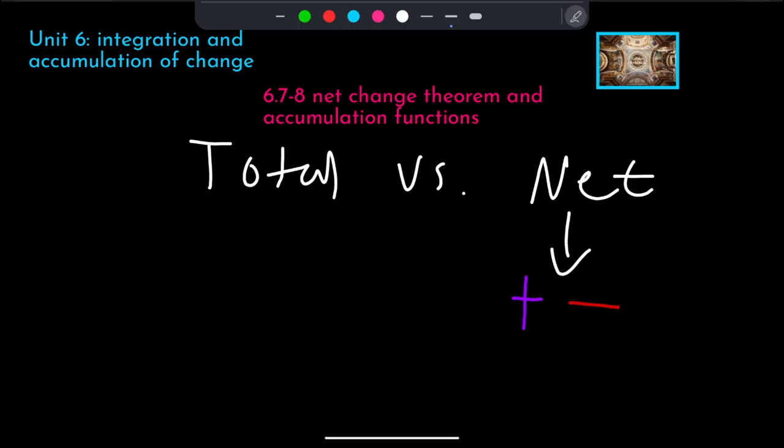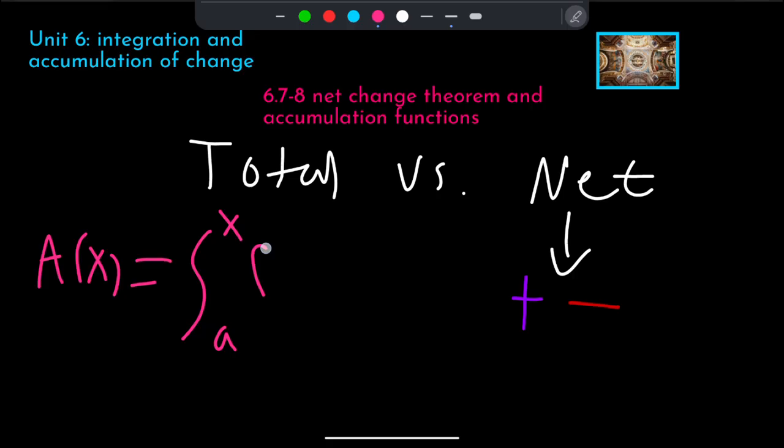Now, an accumulation function will be defined as something like this. A of x equals the integral from a to x of f of t dt.